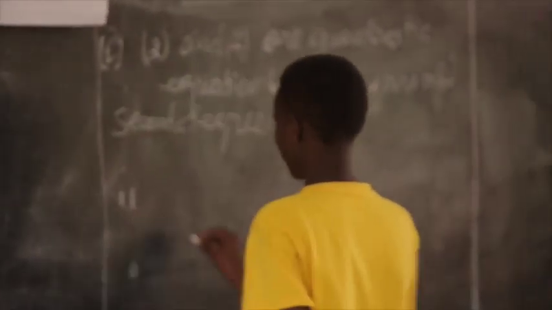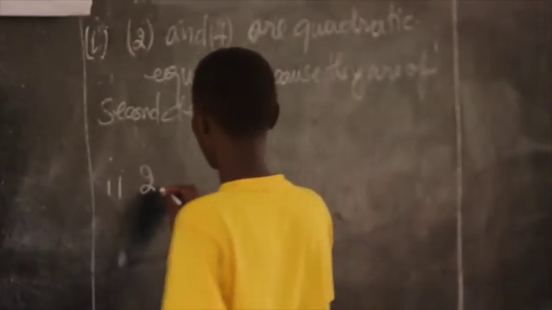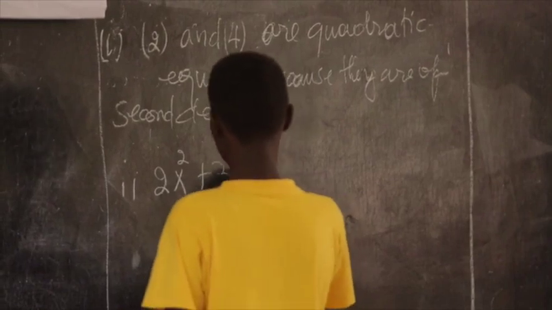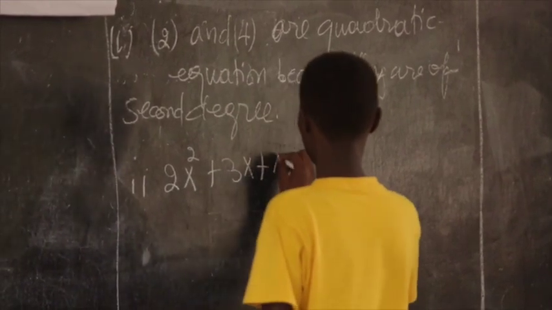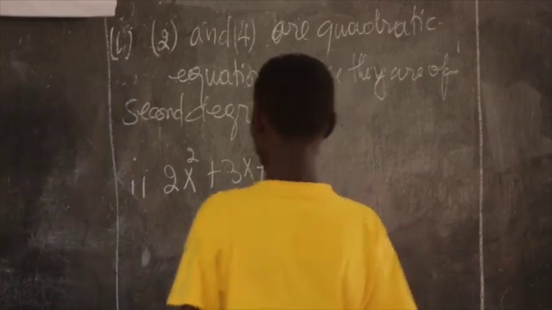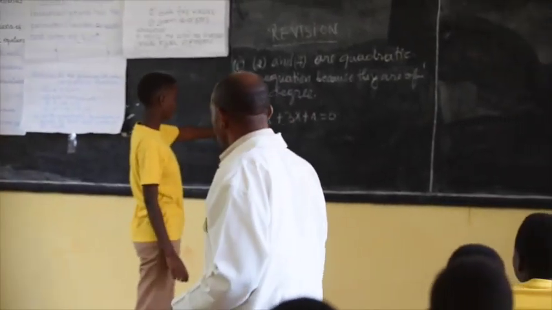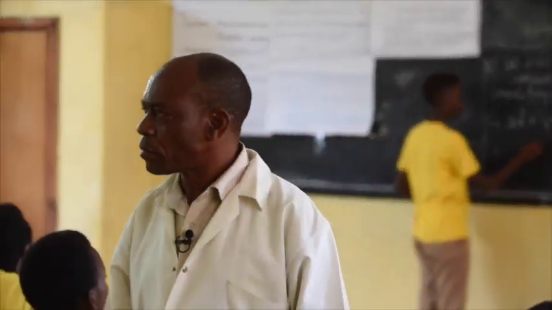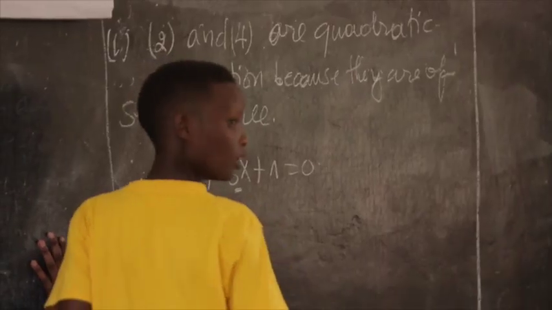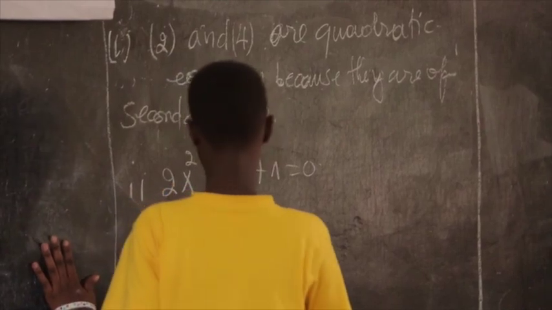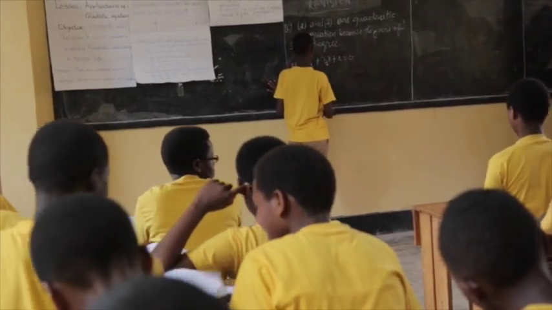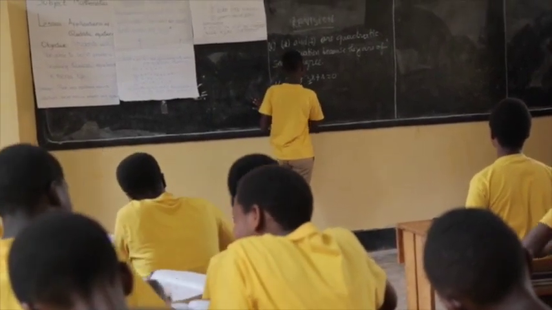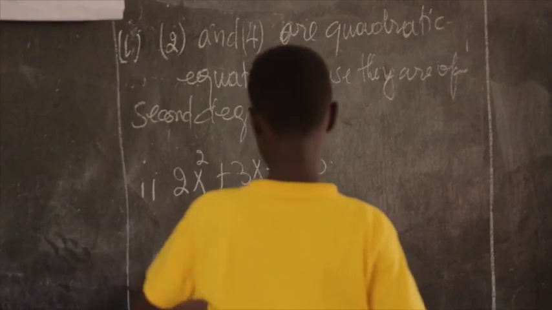For 2x² plus 3x plus 1 equal to 0, for the first, I will divide by these numbers. And you can also do it in your exercise book, so you can look for it also in your exercise book.